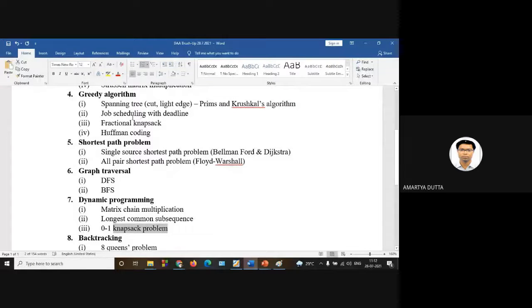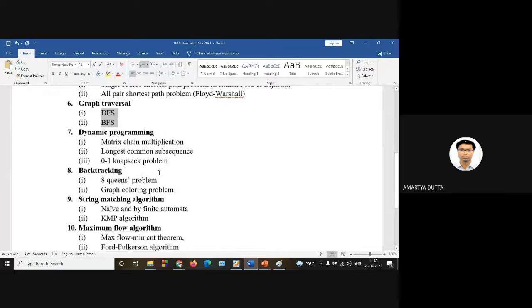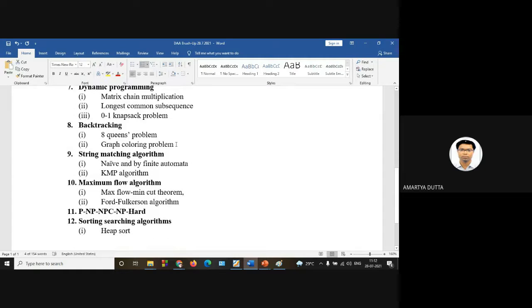Okay. In greedy, there is another algorithm, Huffman coding. We know the graph traversals, depth first search and breadth first search. In case of dynamic programming, there is matrix chain multiplication, longest common subsequence between two strings, and 0-1 knapsack. In case of backtracking, the 8 queens problem and graph coloring problems are there. For string matching, there is the Knuth-Morris-Pratt algorithm.